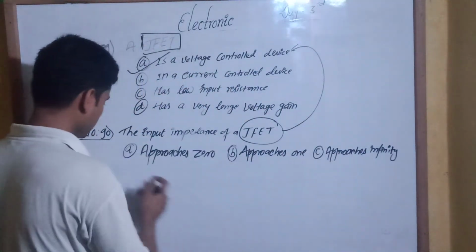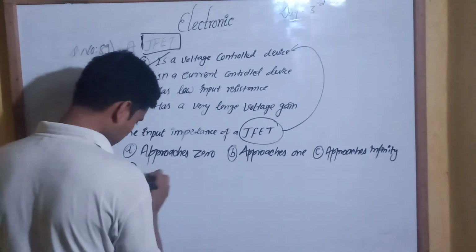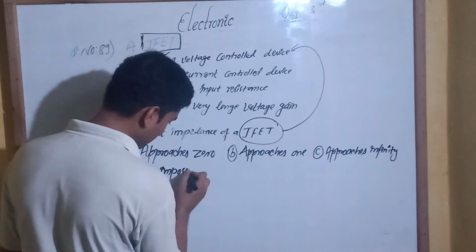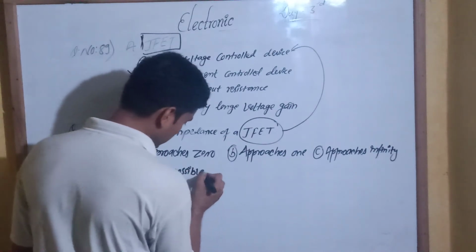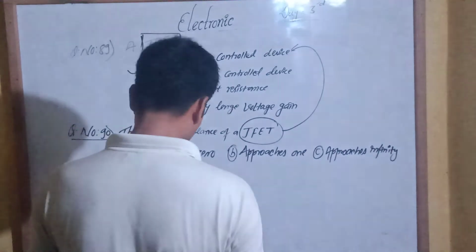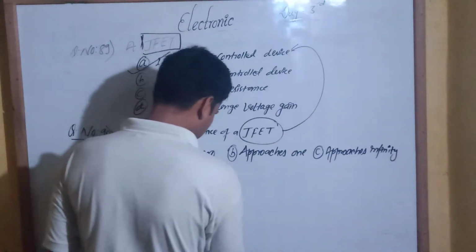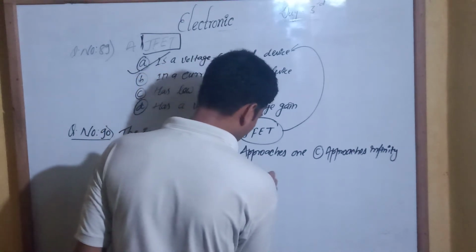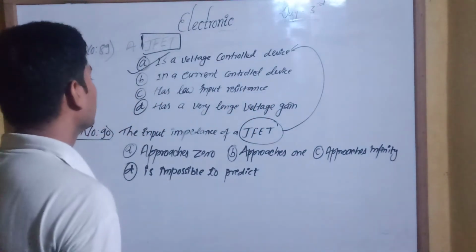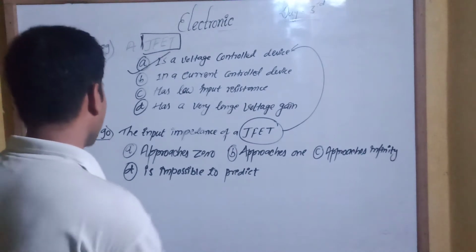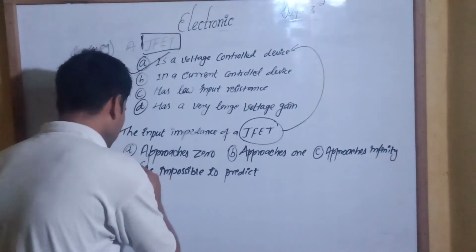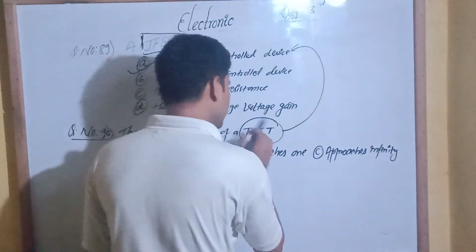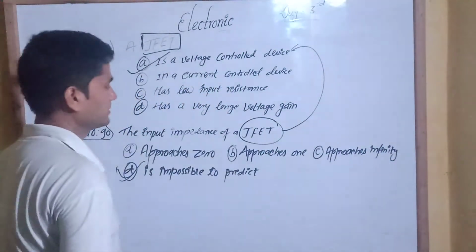Yes, the right option is option D. The input impedance of a JFET is impossible to predict, right?